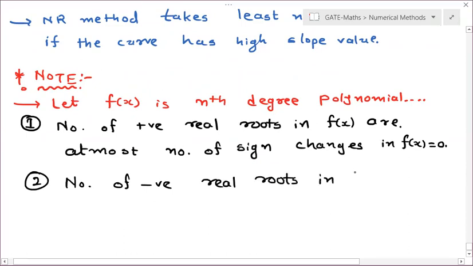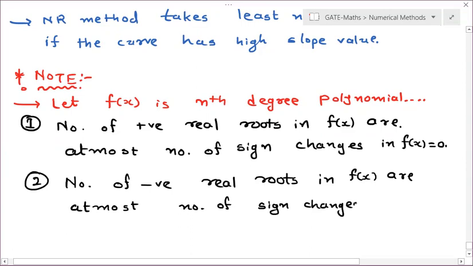in f of x are at most the number of sign changes in f of minus x equal to 0.